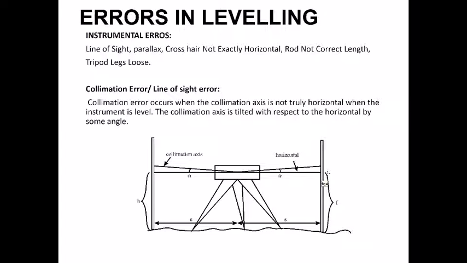So the errors won't be cancelled out and your final calculation would have an error. So as much as possible, if the work that you need to do isn't too much, it is advised that your instrument should be placed midway between the 2 points whose elevation difference you want to find out. And the sole reason of doing that is to get rid of the collimation error.